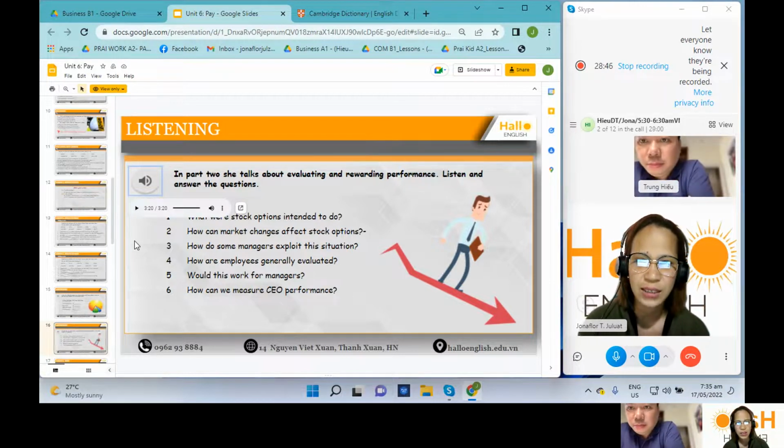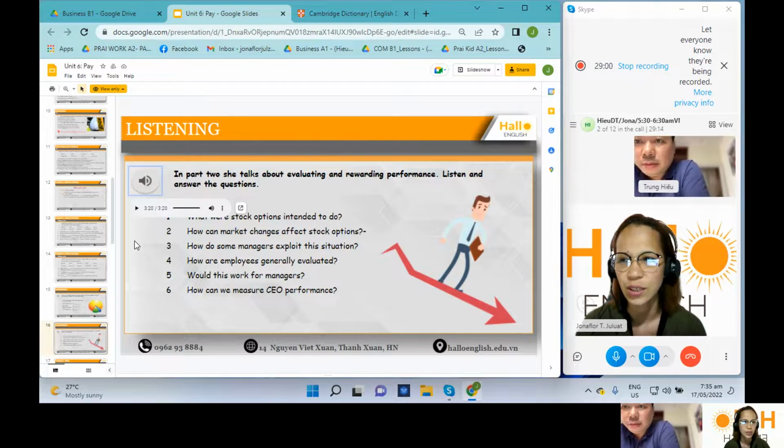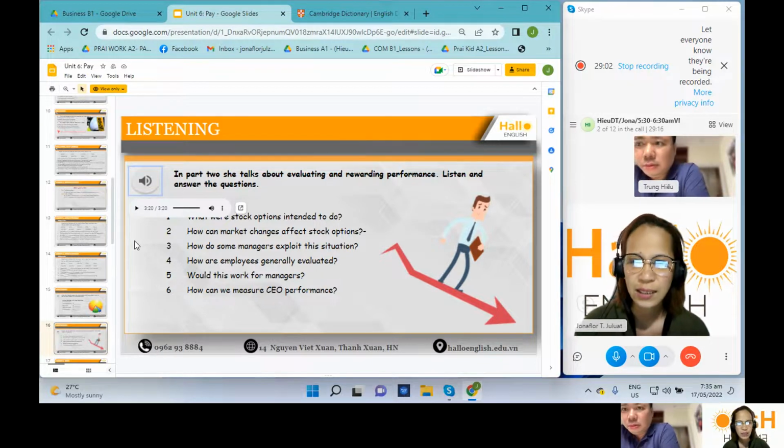How can market changes affect stock options? So market fluctuations mean that the share value can at times be very different from the original value, right?